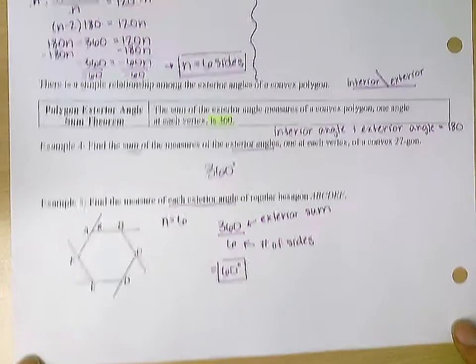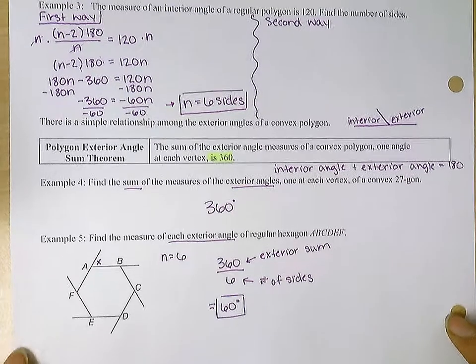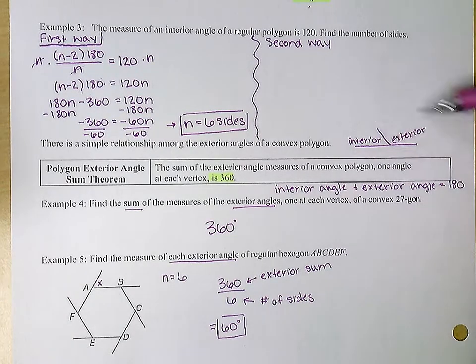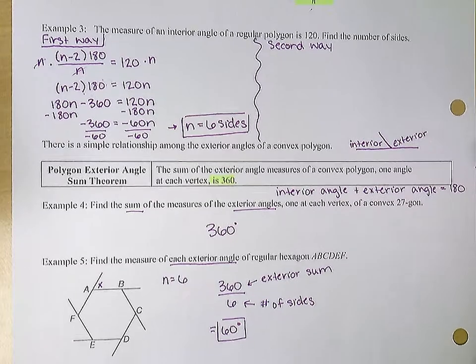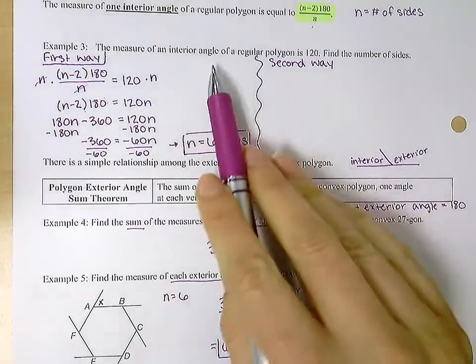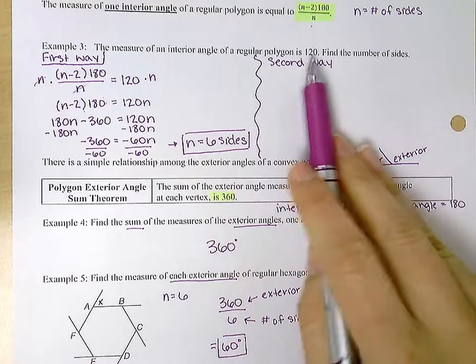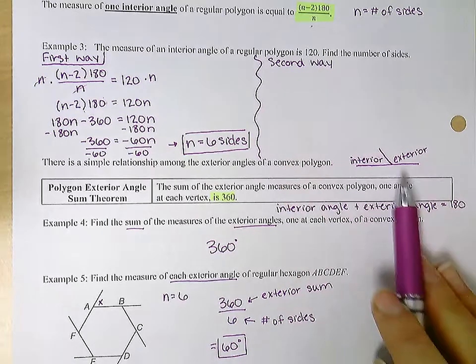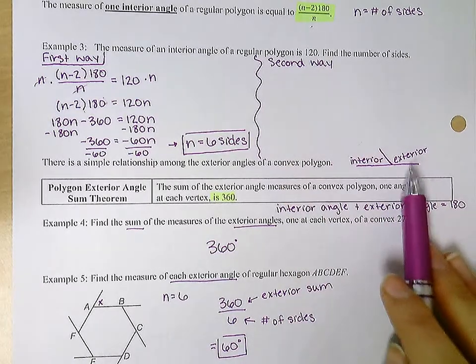All right, I'm going to go back up here. Example 3, your second way to do this. So, like I said up here, one interior and one exterior have to equal 180, right? Okay, they make a straight line. In this one, I'm given one interior angle is 120 degrees. So I can find what one exterior angle is.